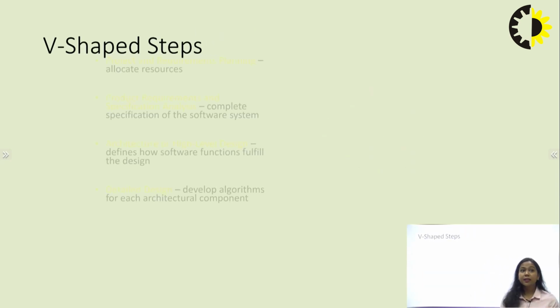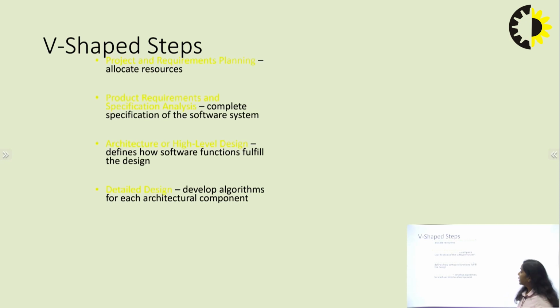Now, what are the steps in this? The first is project and requirement planning, which allocates the resources, that is, what resources will be used while we develop the complete system. Next, the complete specification of the software system is defined here. Again, the complete functionality to be performed by the software is defined in the third phase.